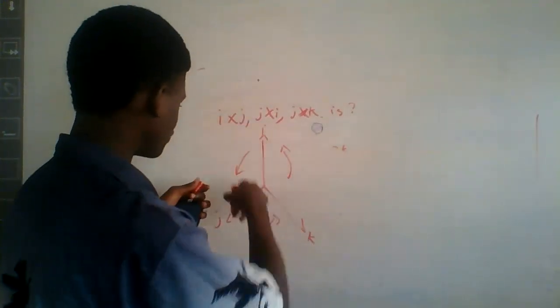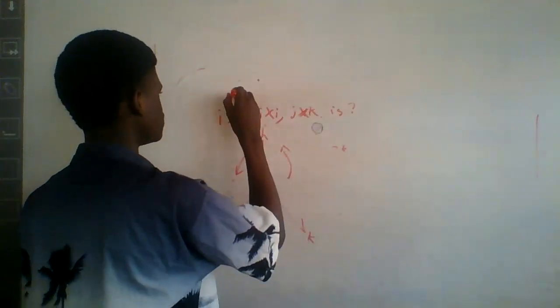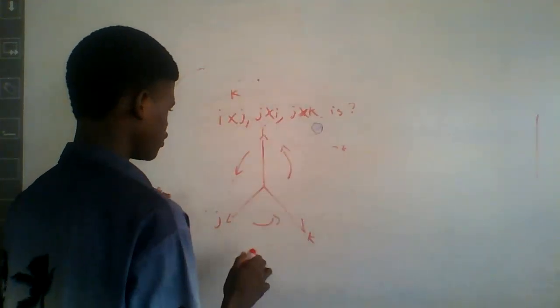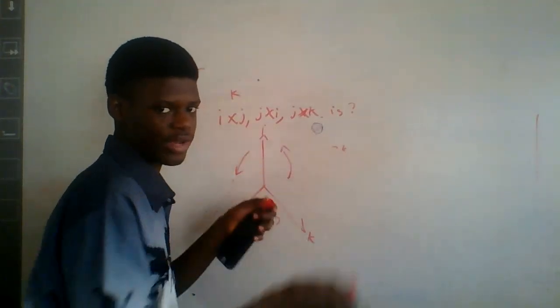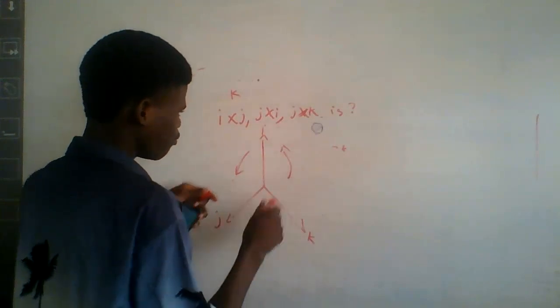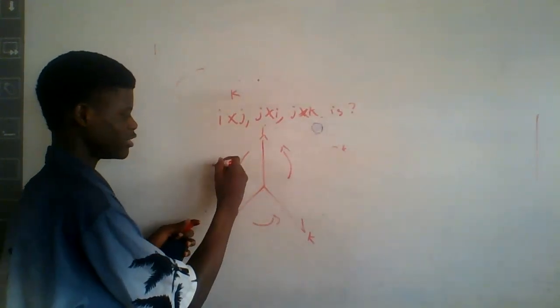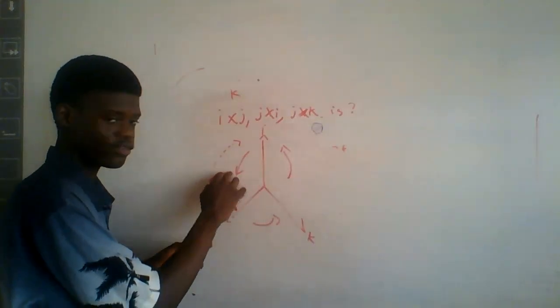So I cross J gives K. J cross I, the sign will now reverse. If I cross J is K, J cross I will be minus K, because it is opposing the real movement of the circle.